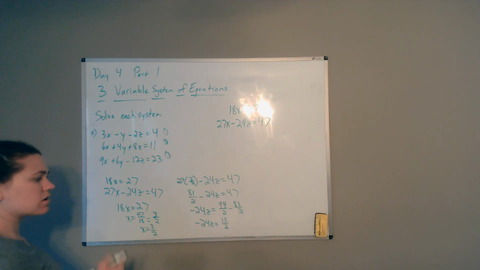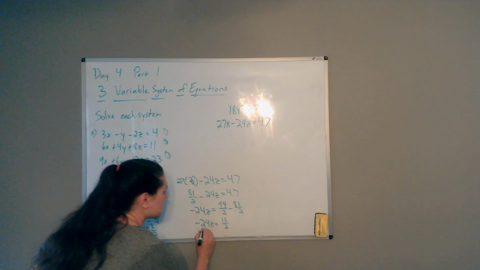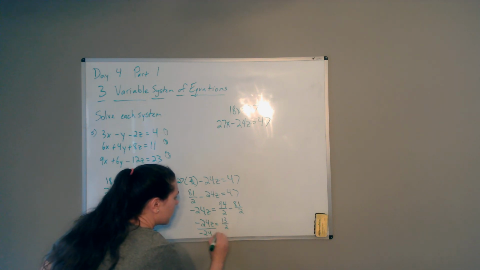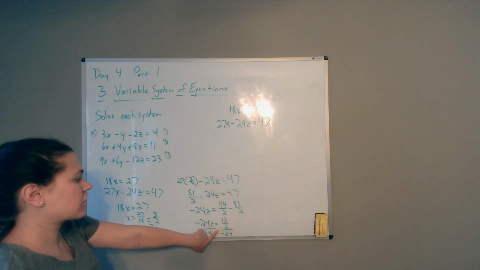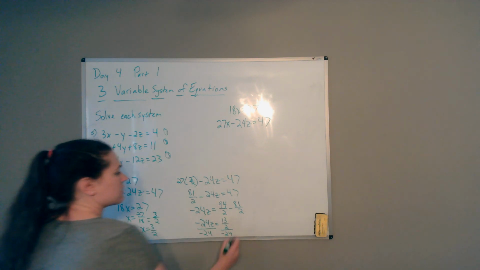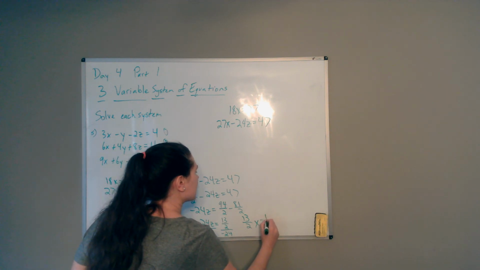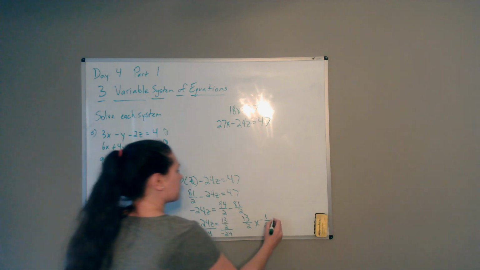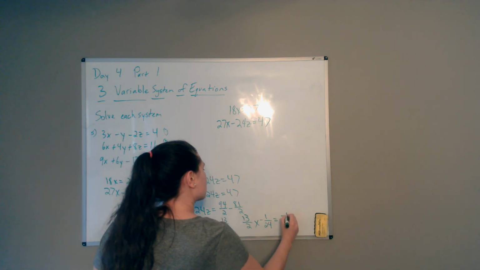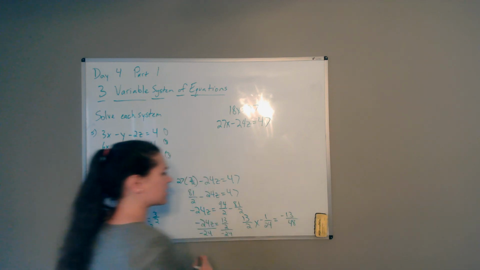Okay, so now we're going to have to make sure we feel comfortable doing this algebra. We divide by negative 24. Okay, this is called a complex fraction again. Dividing by negative 24 is the same as multiplying by negative 1 over 24. And that's going to put us at negative 13 over 48.